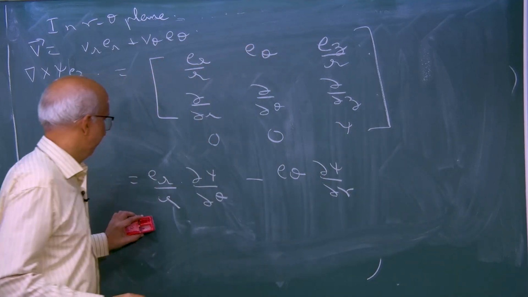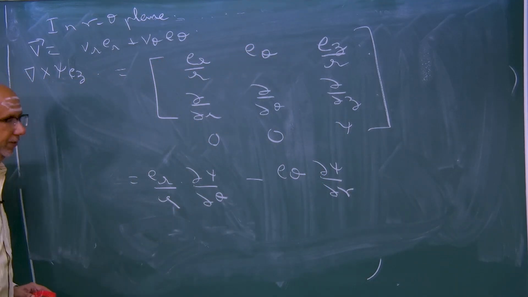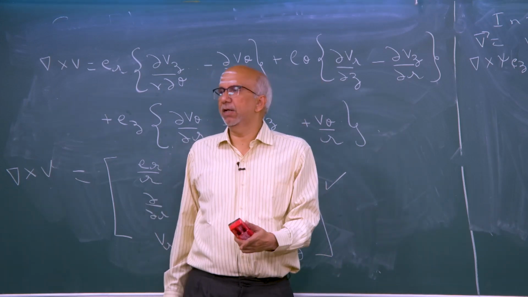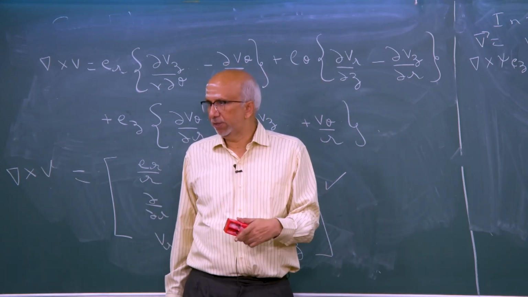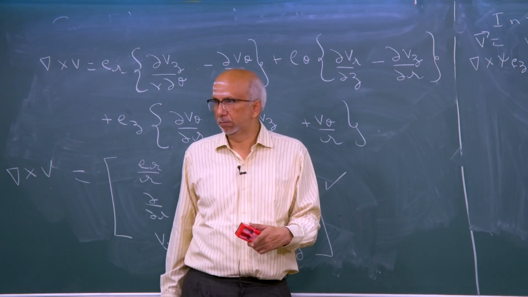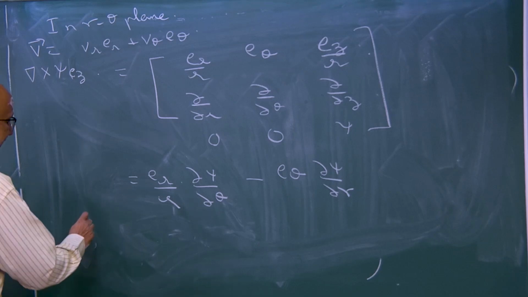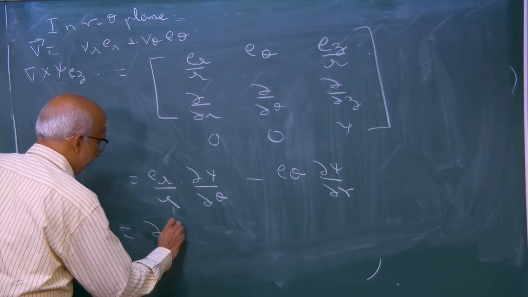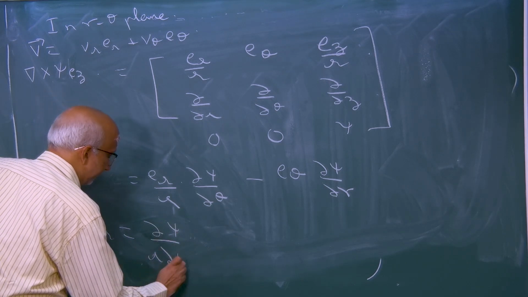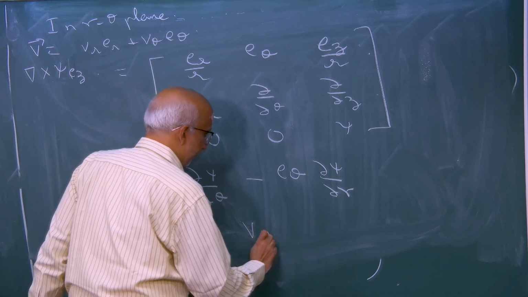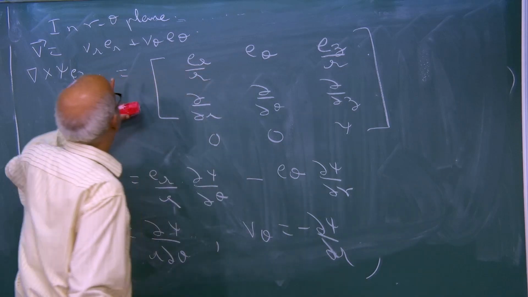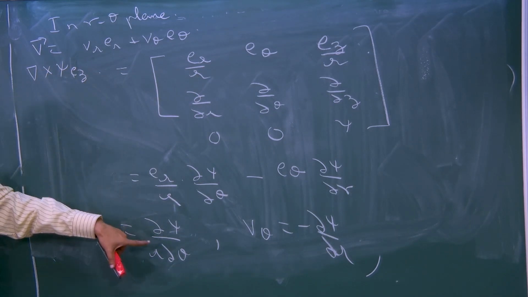Sorry, I am just going one step ahead. So, in cylindrical coordinates, how do you find the velocity? Vr is defined as d psi by r d theta, and v theta is defined as minus d psi by dr. I am comparing these coefficients.